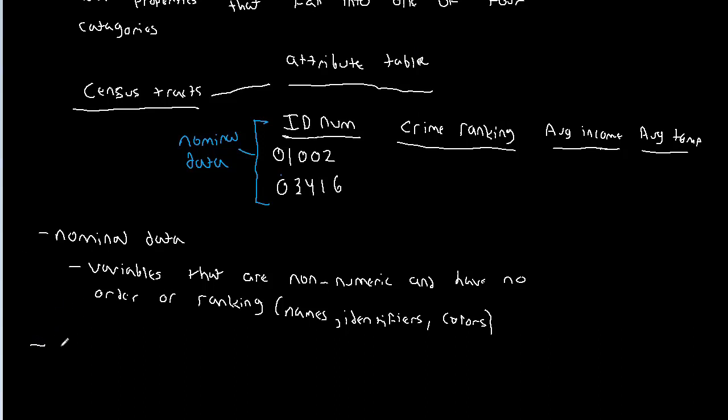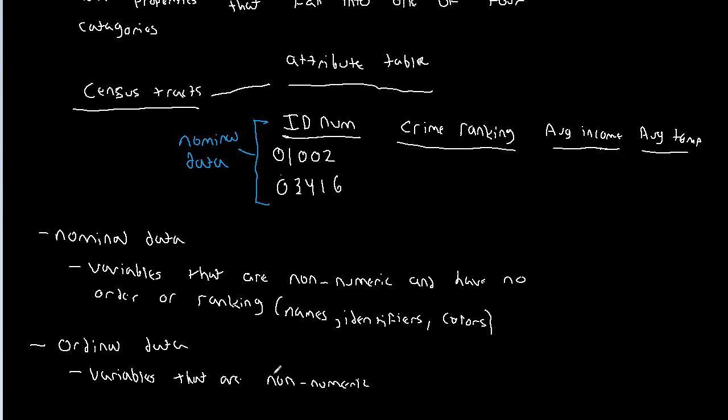Next is going to be ordinal data. So with ordinal data, it's similar to nominal in that it's non-numeric. So these are variables that are non-numeric.